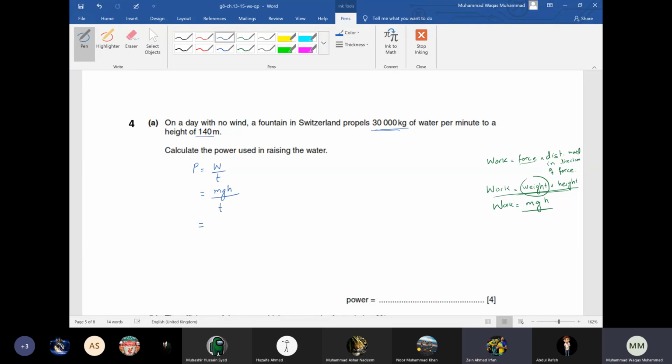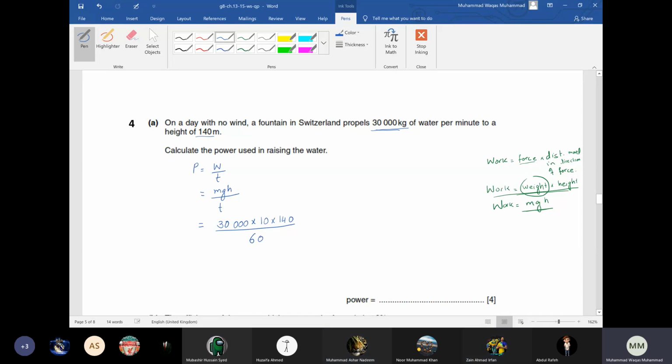Got it, sir. Now beta, what is the mass of the water that is propelled? It's 30,000 kg. Value of g is 10. Height is 140 meters. Time is 1 minute, which means 60 seconds.